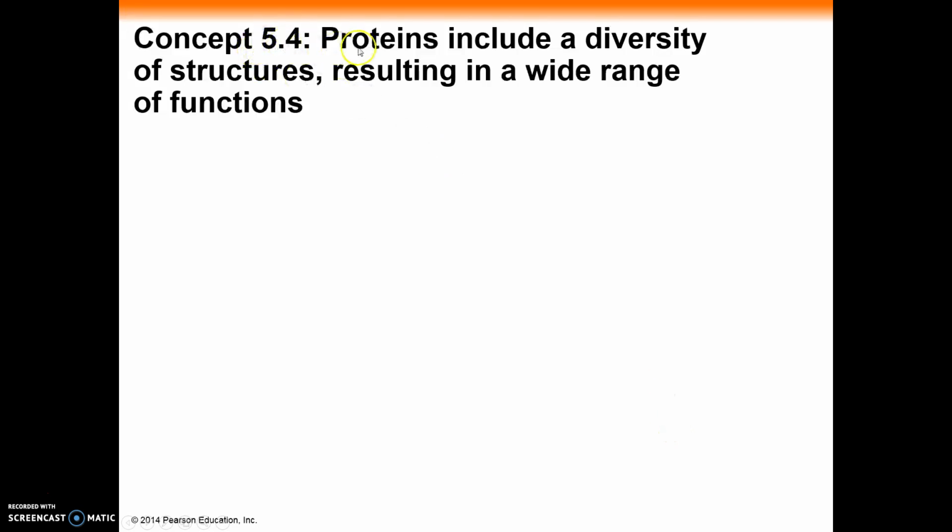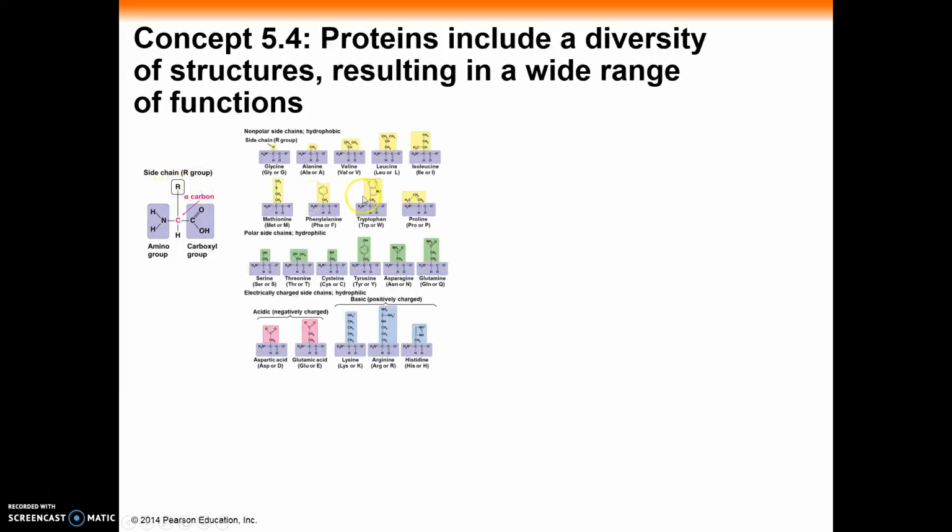So, concept 5.4, proteins include a diversity of structures, resulting in a wide range of functions. Proteins are made of amino acids. Those amino acids have an amino group, a carboxyl group, and a unique side chain. Those unique side chains can come in many, many different flavors. Those flavors of amino acid include nonpolar, so hydrophobic, and hydrophilic.